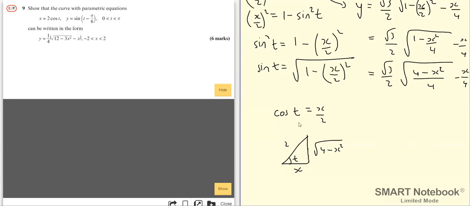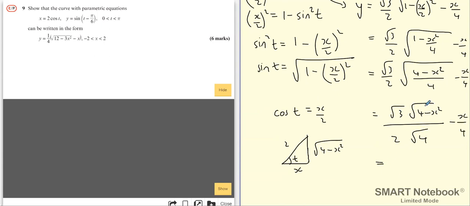So, continuing on with that. If I now write this as root 3 times root 4 minus x squared over 2 times root 4, minus x over 4.